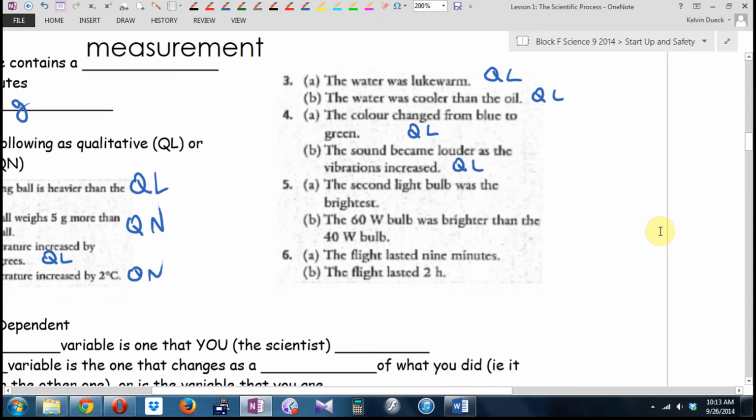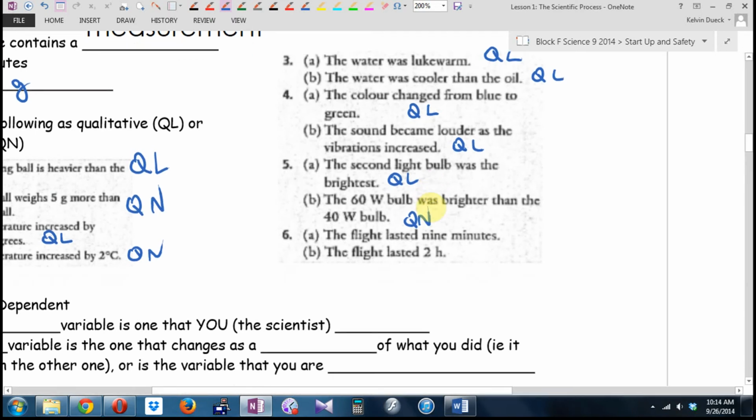What do you think? Read 5A and 5B to yourself. Which one do you think has a measured quantitative value? B. So this is quantitative. What about number 6?